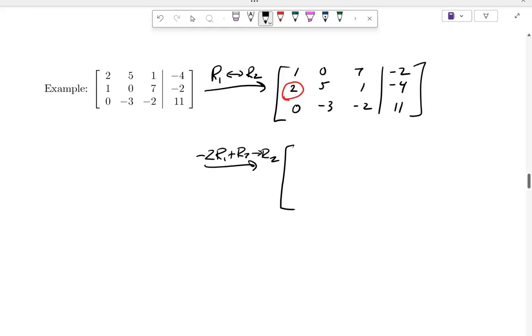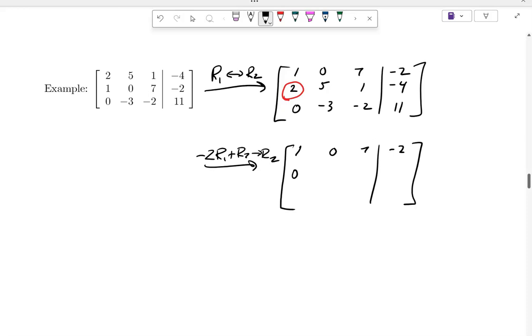Remember again, the only row getting changed with this operation is row 2. Even though it says do negative 2 times row 1, that's an intermediate step, a helping step. So we don't actually change row 1 at all. Now we're just going to do it entry by entry. Negative 2 times 1 is negative 2, plus 2 gives you a 0.